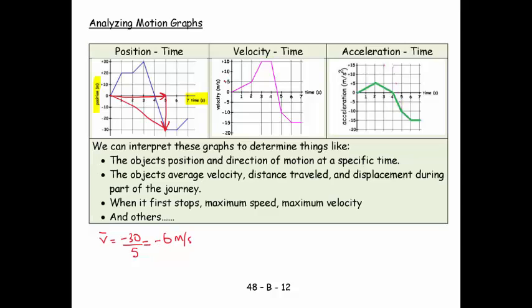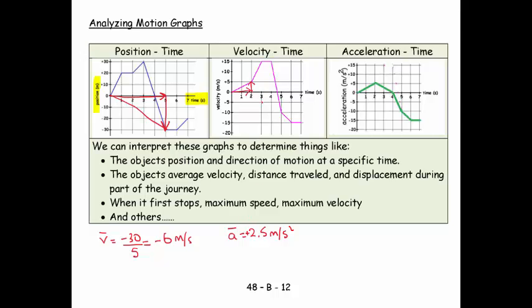For my velocity versus time graph, I can look at the slopes and I can say, well, in the first 2 seconds I had a rise of +5 meters per second and a run of 2 seconds. So that would be an acceleration of 5 divided by 2, or 2.5 meters per second squared, and it's positive. It's a positive slope.